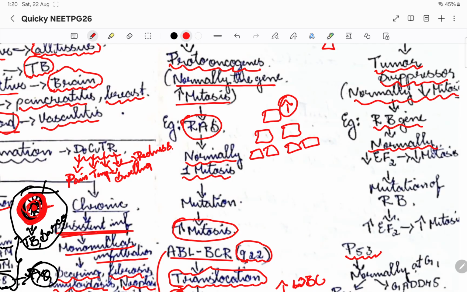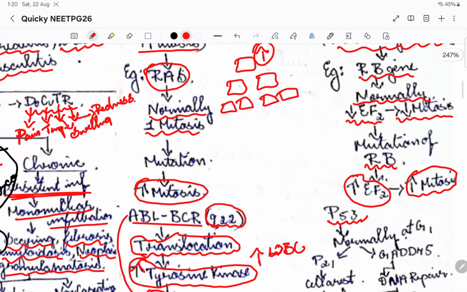Normally the RB gene reduces the elongation factor, by which the mitosis will be reduced. But in mutation of the RB gene there is increased elongation factor, which will lead to increased mitosis. So this is how the pathogenesis of the RB gene will happen, which can lead to retinoblastoma, the eye cancer that we see, where enucleation and all we have to do, right?